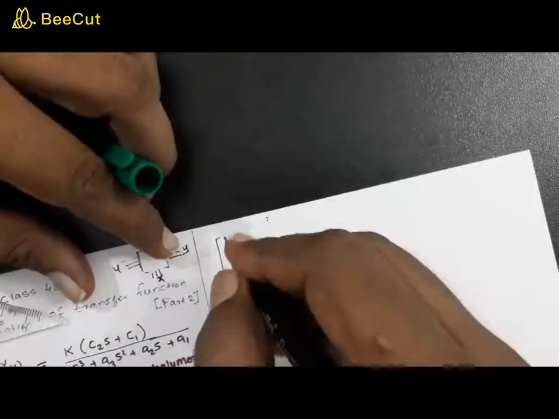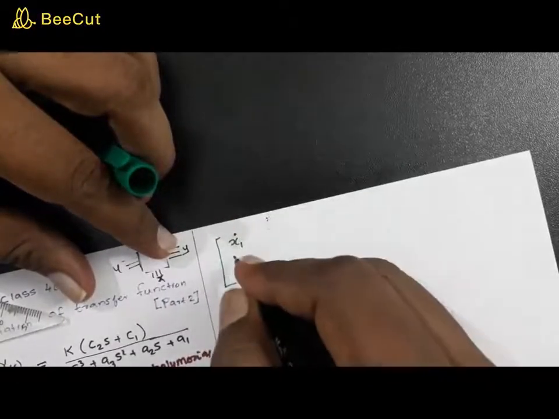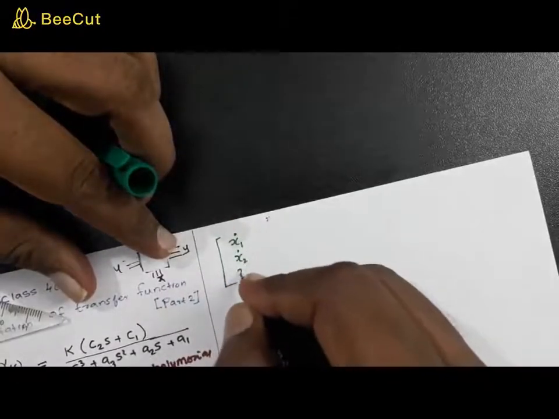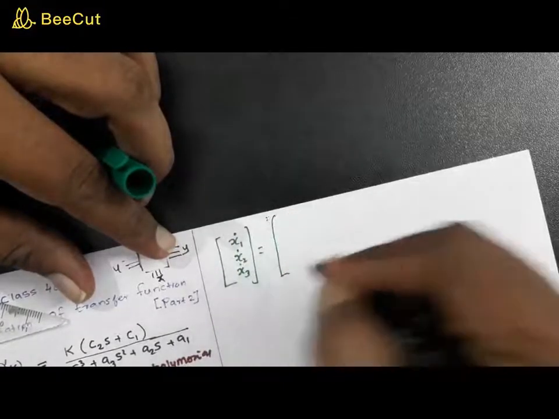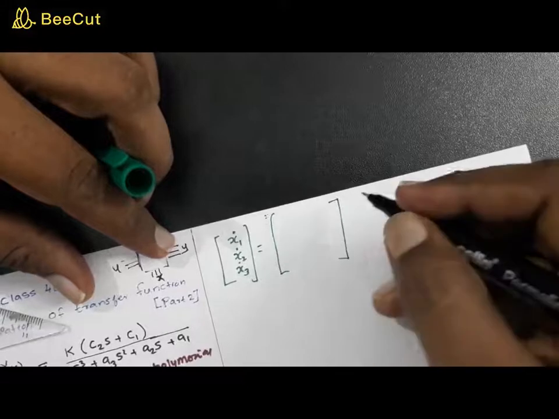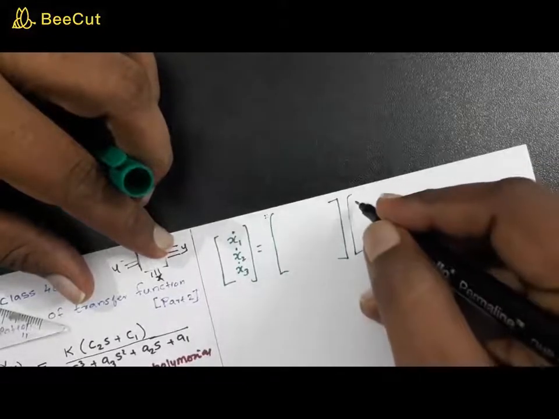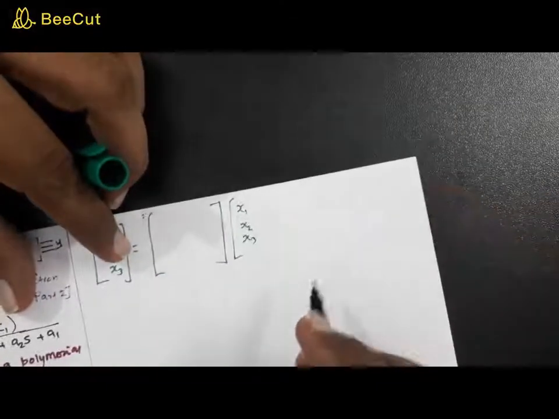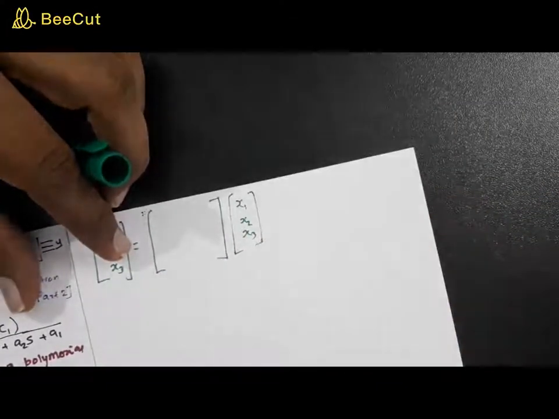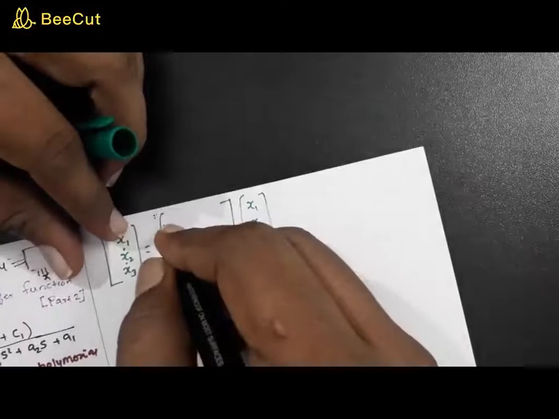The matrix will be x1 dot, x2 dot, and x3 dot. This is equal to, since there are 3 variables, this is going to be a 3 by 3 matrix with x1, x2, x3, right? Now what must be that? So look at this, what is x1 dot? x1 dot is x2.